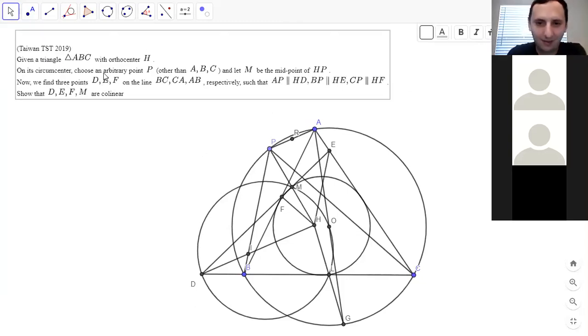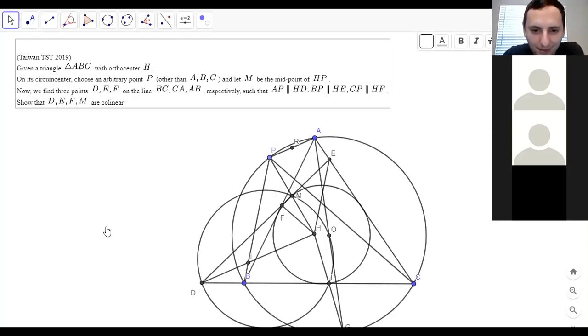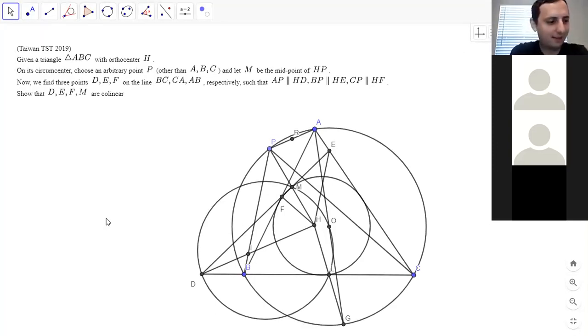Let's see if we can figure this out. So we know RMLO is a parallelogram.